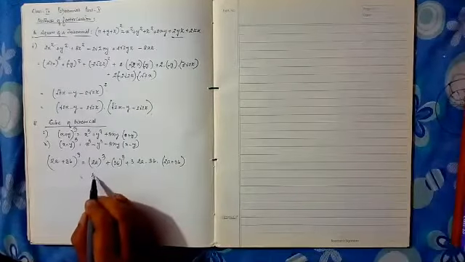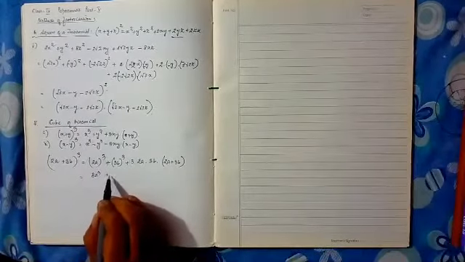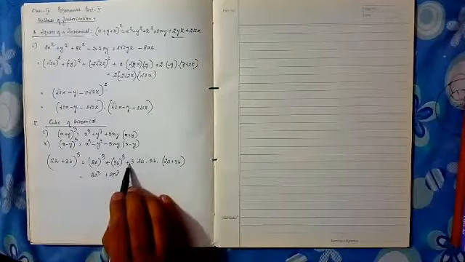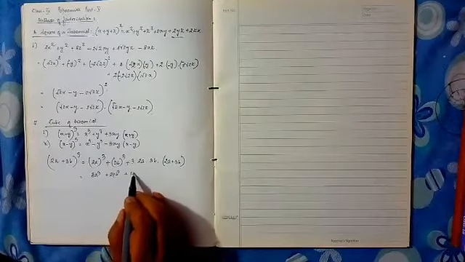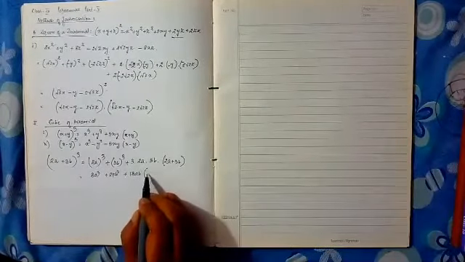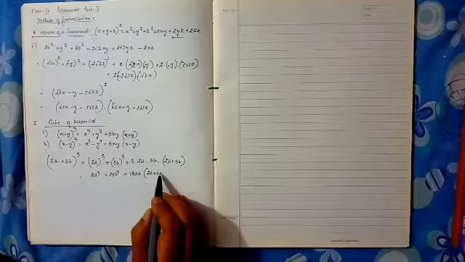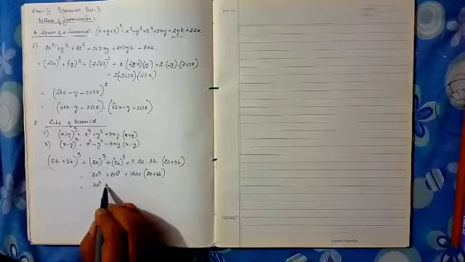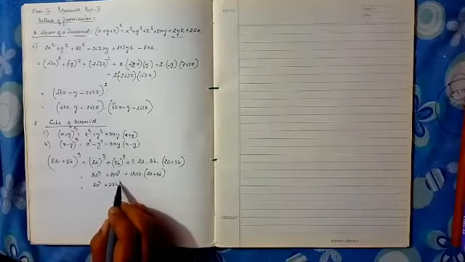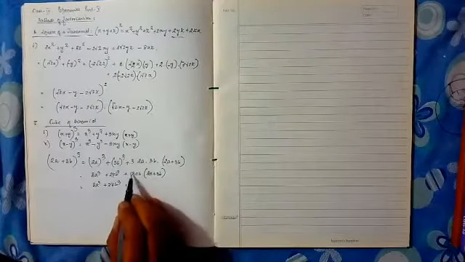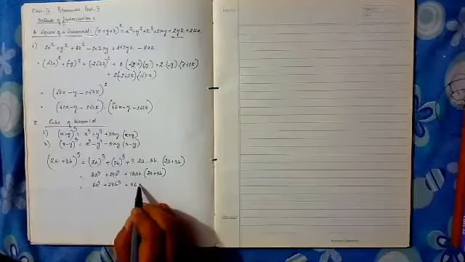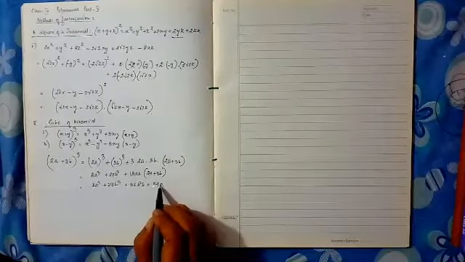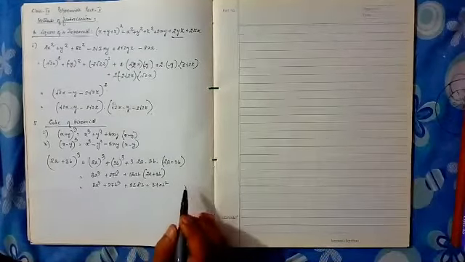So this is equal to 8a cube plus 27b cube, then 3 3s are 9, 9 2s are 18, ab into (2a + 3b), that is equal to 8a cube plus 27b cube plus 36a square b plus 54ab square.